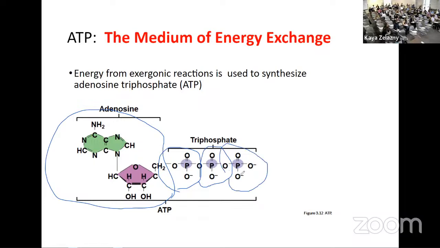So what we are going to be doing at the end and throughout metabolism is trying to tack on phosphate groups so that we can hold energy in this bond, because our cellular processes are often fueled by breaking that bond and using the energy to do something else. That's how ATP works.